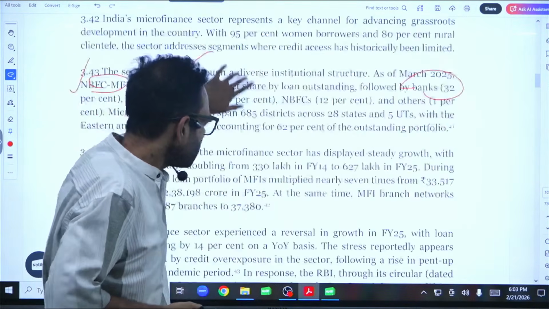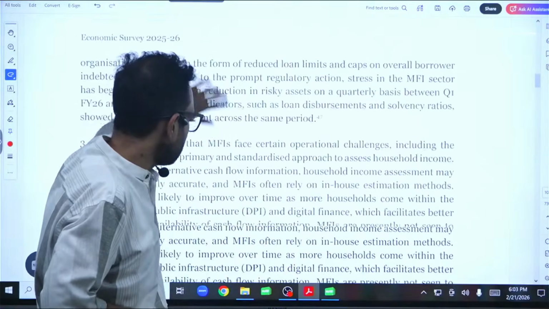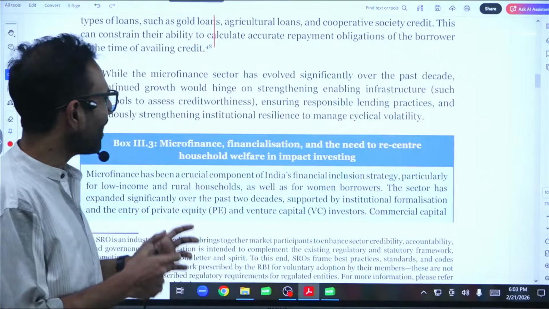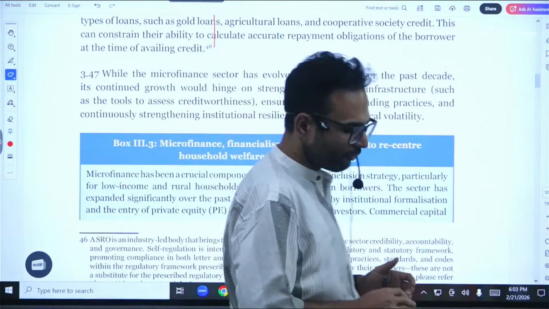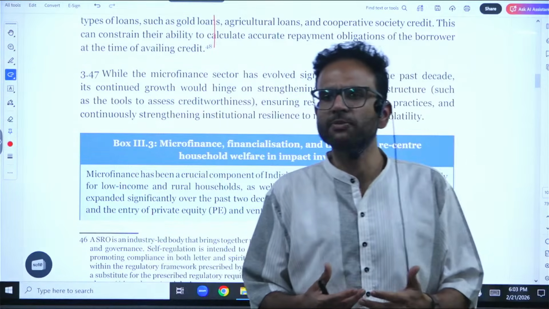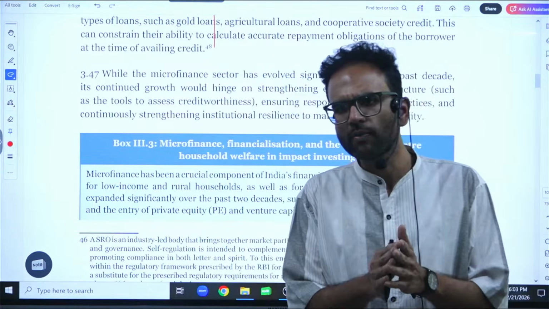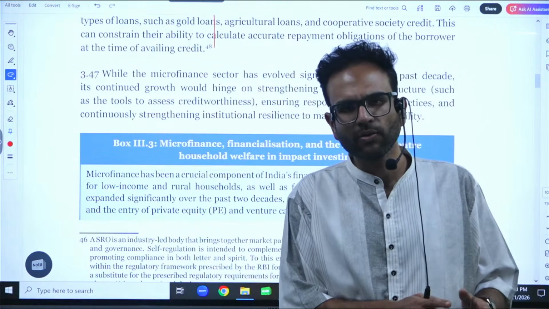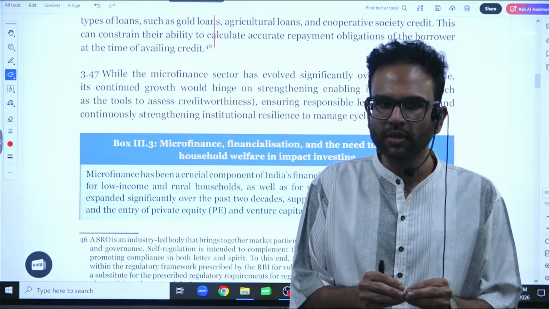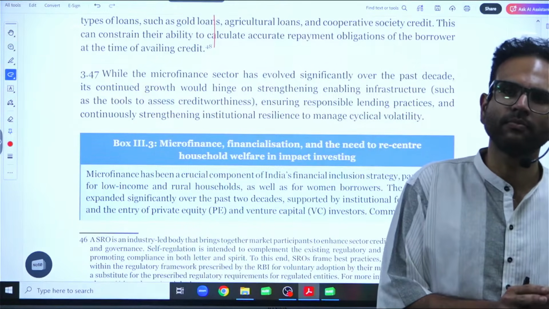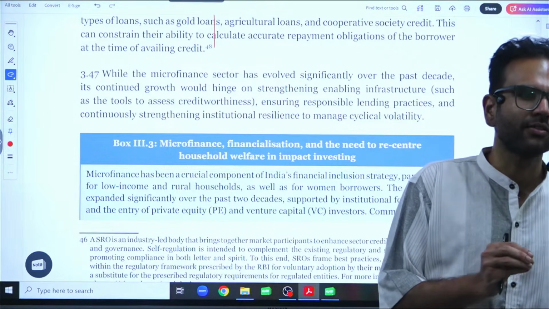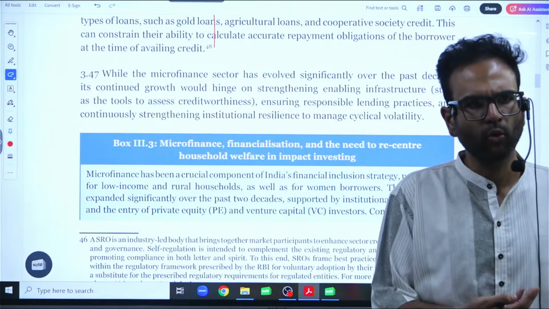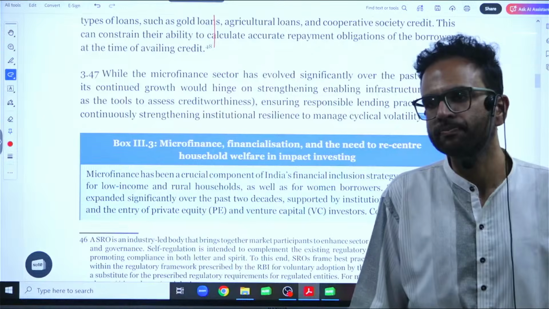Here is where you will also see that the survey is warning there is a trend of financialization of the small finance bank sector. Long story short, what the survey is saying here: till now, small finance banks had a social objective. Why do you think microfinance came up? People did not have any kind of hope.